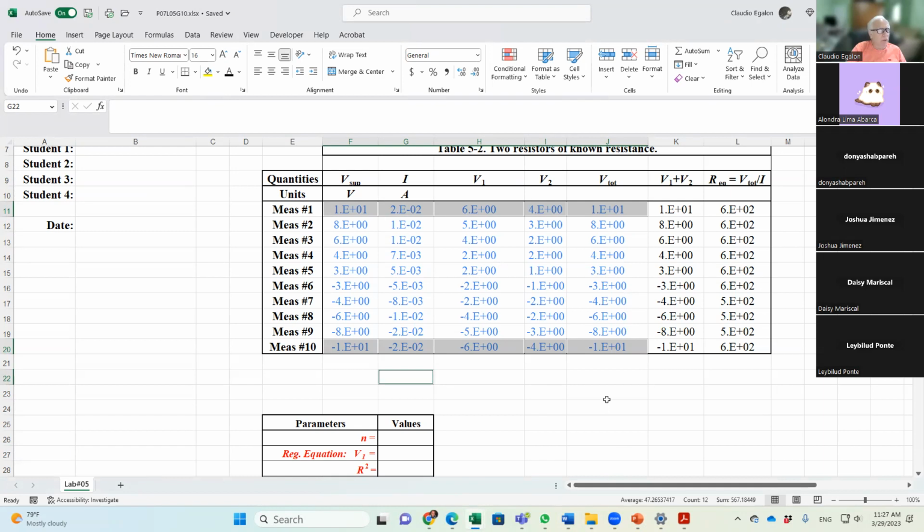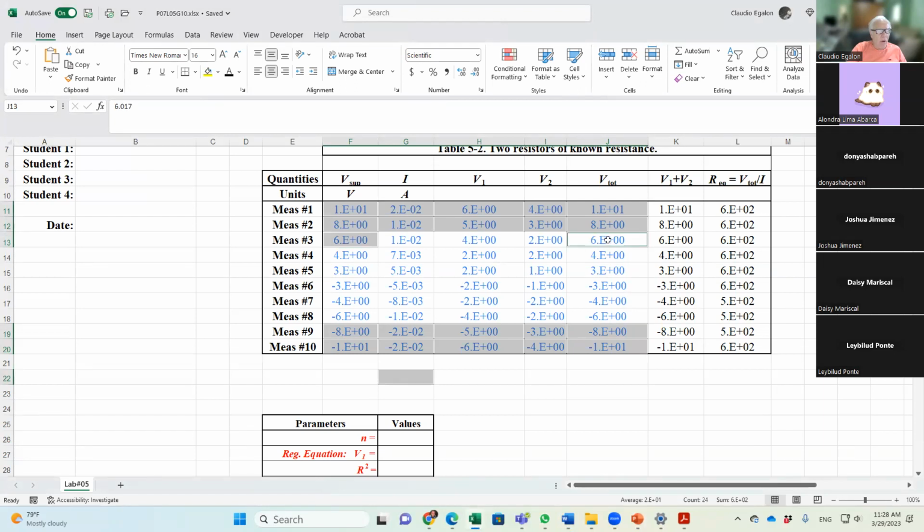And then what do you do next? Then you change the voltage supply on your power supply. From 10, you bring it down to 8. Take the total measurement, V1, V2, the current, and the negative values again. Just repeat what you did. Change to 6 volts.